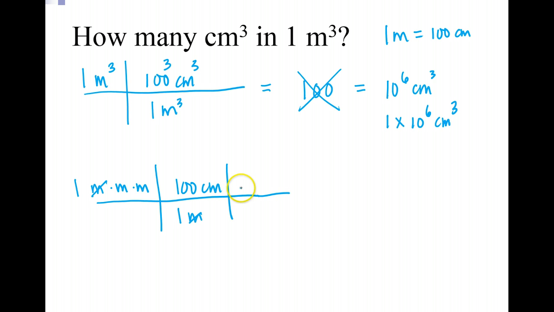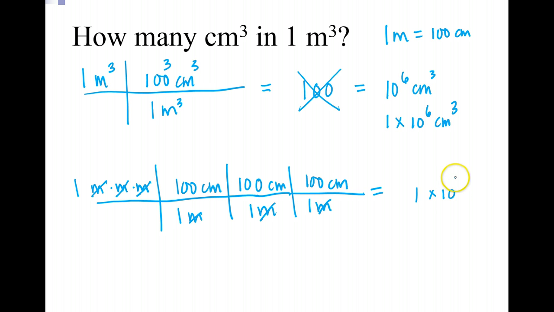And so if we do it 2 additional times, then we can cancel out the remaining meters. This will also yield an answer of 1 times 10 to the 6th cubic centimeters.